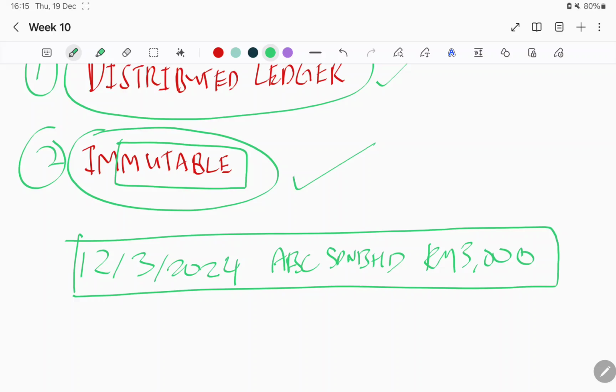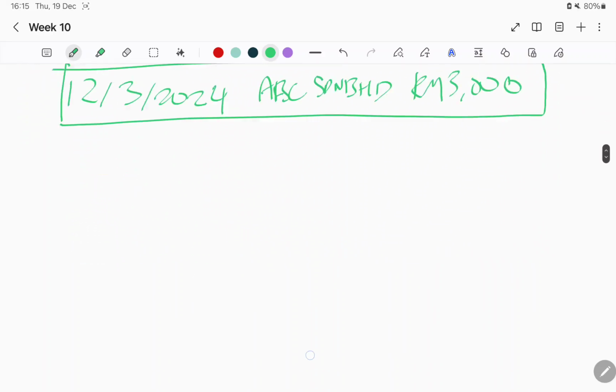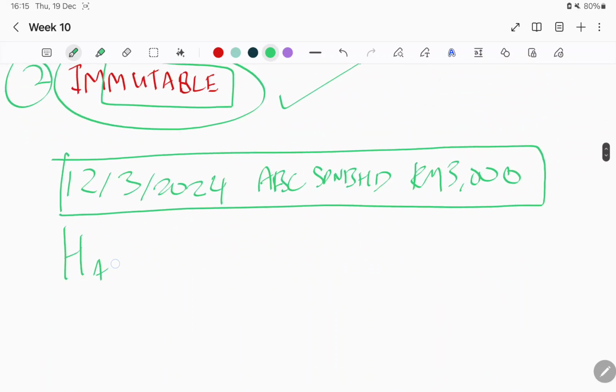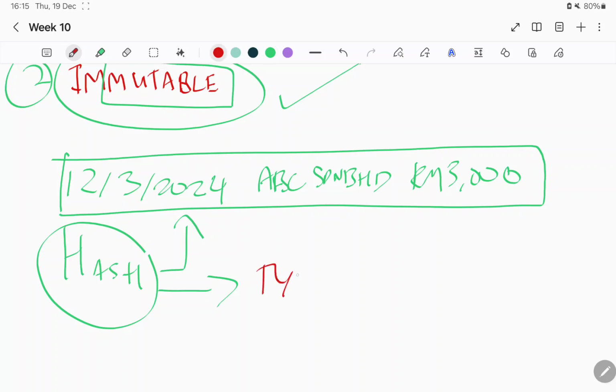When you use blockchain technology on this transaction, it will first generate a hash on this one. Hash is a type of encryption.